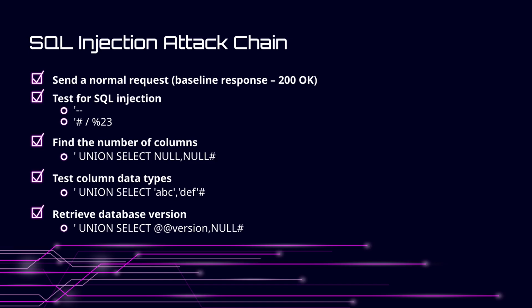After confirming the vulnerability, we determined the number of columns in the original query using a union select statement with null values. Once the column count was identified, we tested the data types of the columns by replacing null values with text strings. Finally, we used the @@version variable to retrieve the database version, which allowed us to identify the backend database system. By following these steps, we successfully extracted the database type and version, completing the objective of the lab.